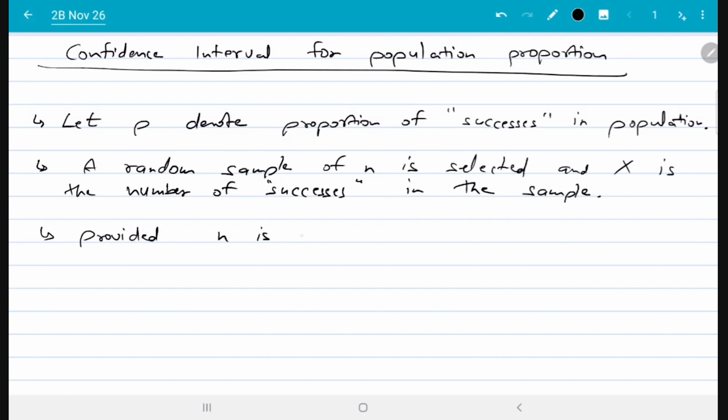Provided n is small relative to uppercase N, which is the population size.